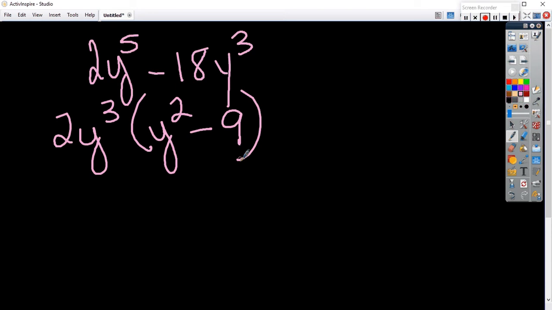So now the question is... When you have a GCF, a greatest common factor, you divide the coefficient into everything and take it out, and you take out as many of the variable as you can.